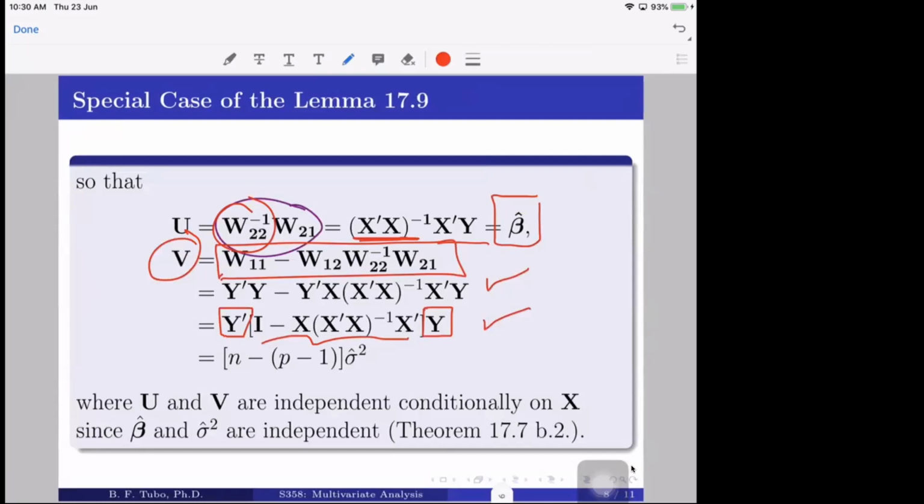By definition this is our n minus p sigma squared from before. But then we have to do some corrections on our rank. Subtract it by 1.